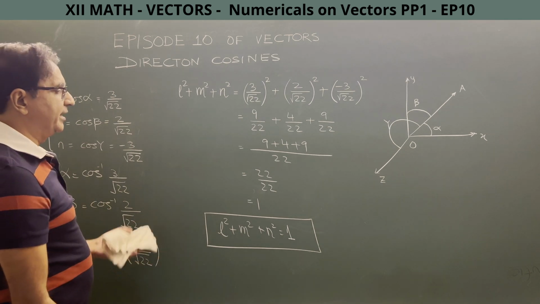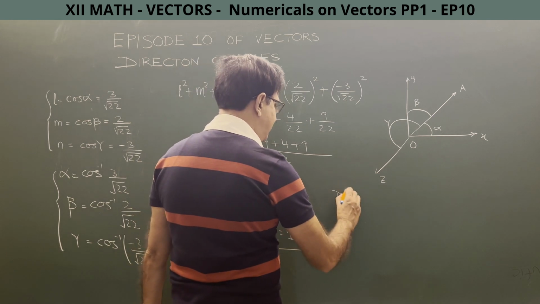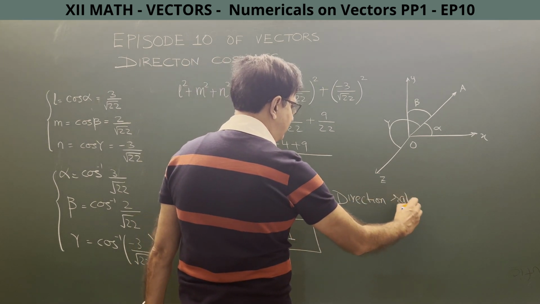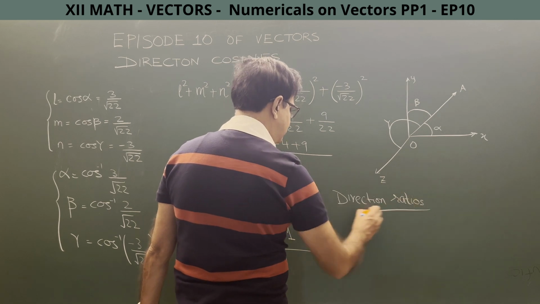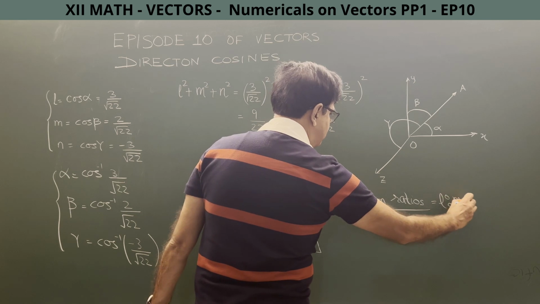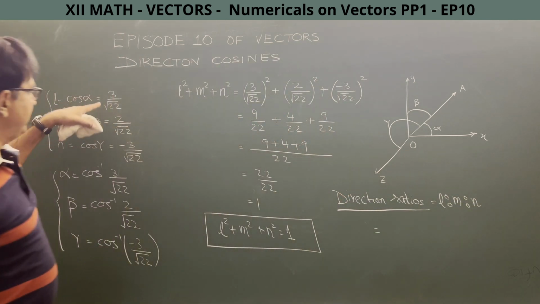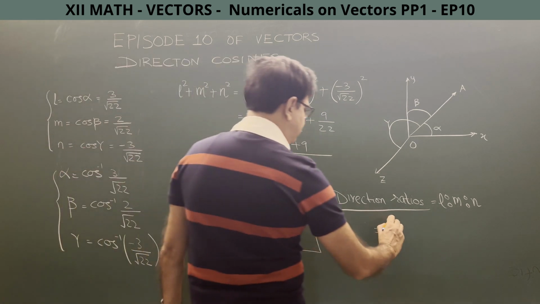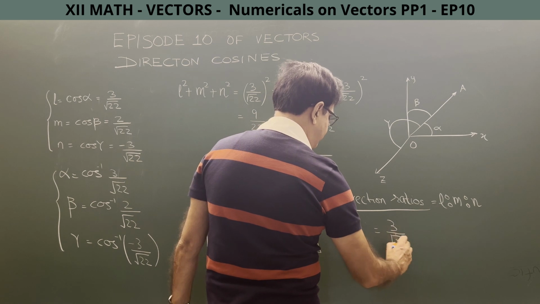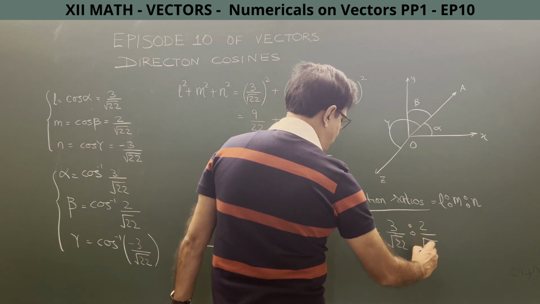Now the last topic is, how do I find direction ratios? Now what are direction ratios? As the name suggests, you take the ratio of the direction cosines. So what was the first direction cosine? 3 by root 22. That is cos alpha, also called L. The next one was 2 by root 22.